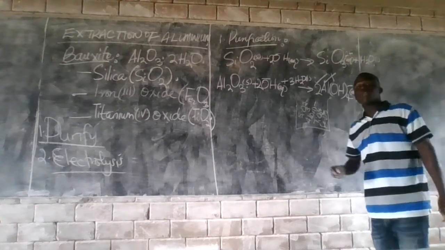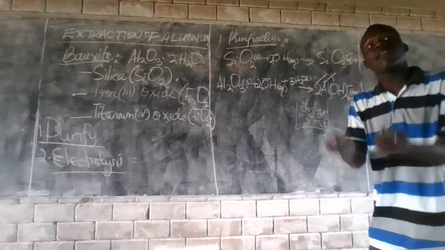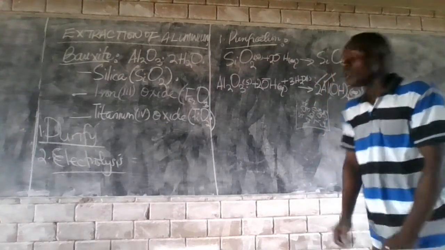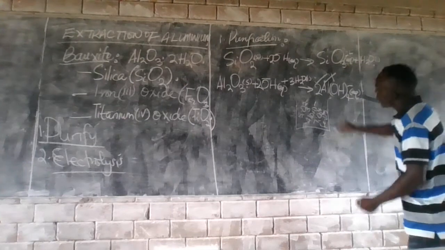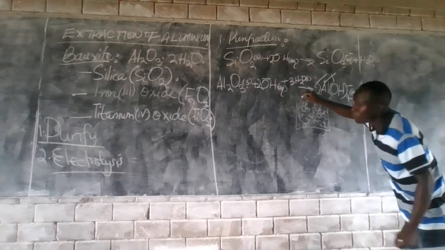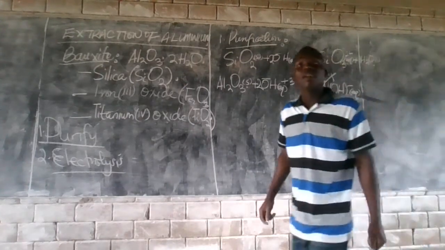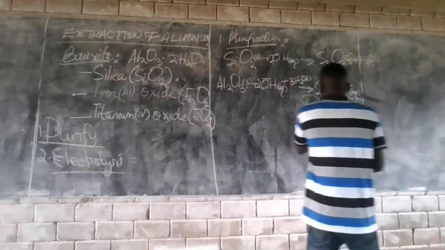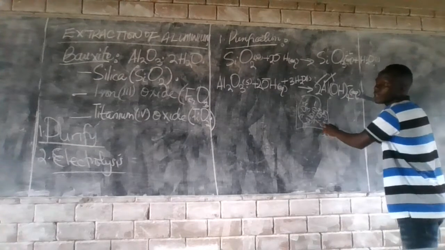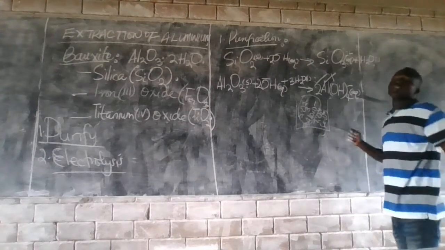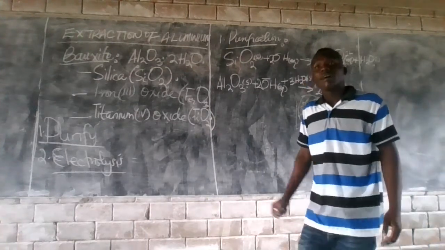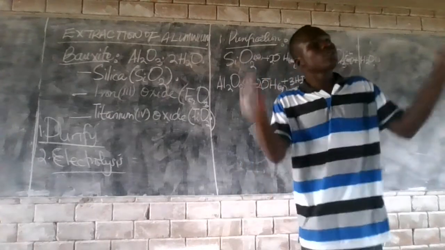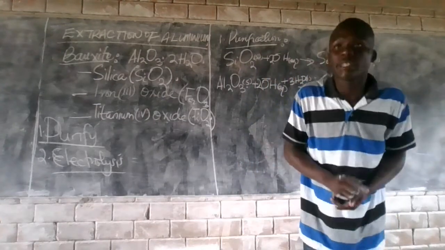So now we are going to take them and filter them. When we filter them, we are going to have silicate ions and aluminate ions as the filtrate. Then titanium 4 oxide and iron 3 oxide will be the residue, and we are not interested in the residue.